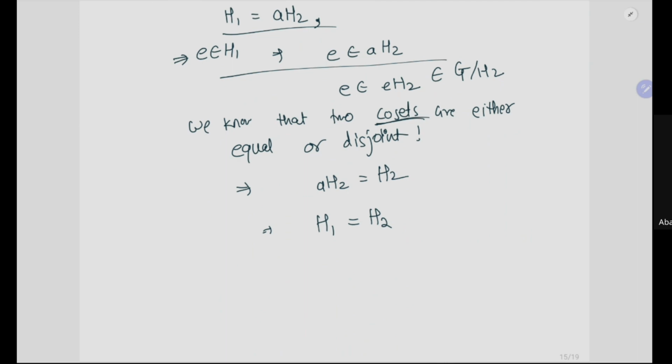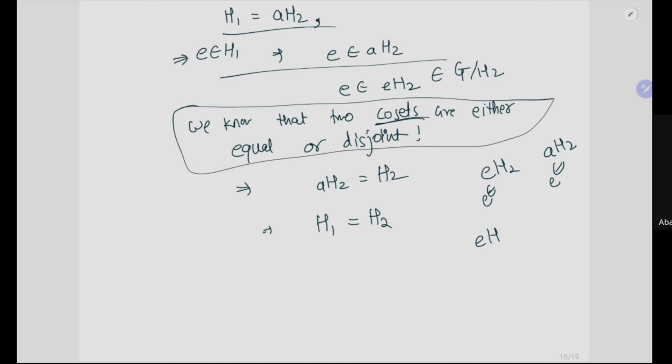So either two cosets are equal or they are disjoint. But here, in these two cosets, EH2 and AH2, this element E belongs here and element E belongs here. So this implies by this property that two cosets are either disjoint or equal. EH2 is equal to AH2.